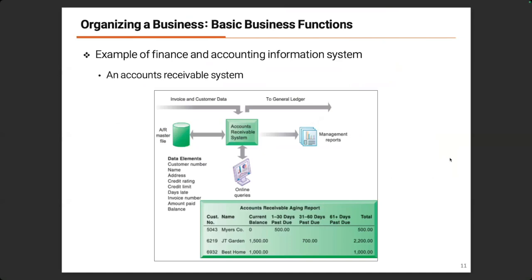This is an accounts receivable system. It keeps track of what customers who have made purchases on credit owe to a company. Accounts receivable means the money that a company is owed by its customers for products or services. Some customers pay immediately in cash, but others are granted credit. They buy some products first and they pay later.